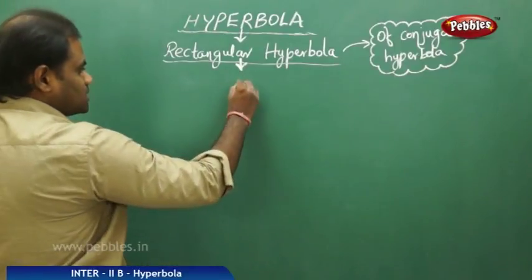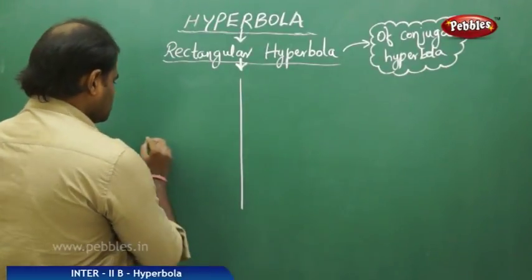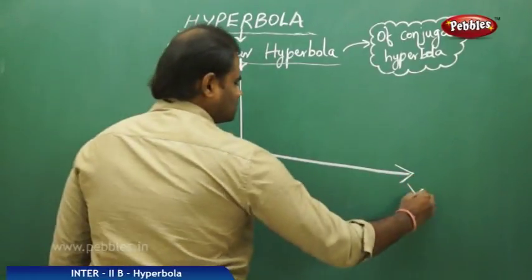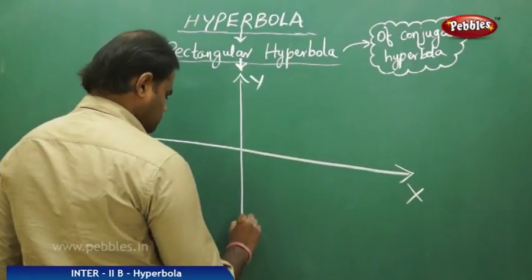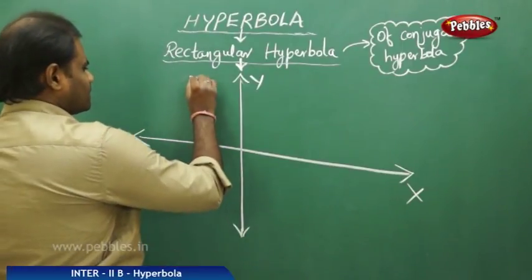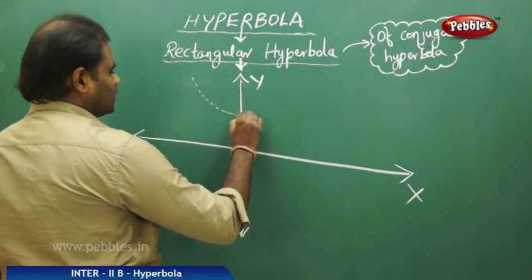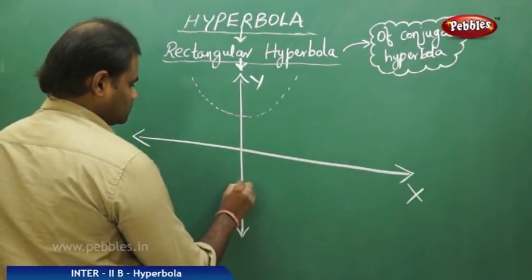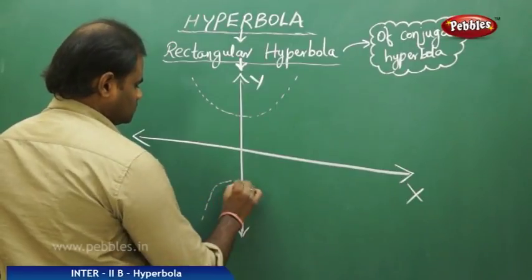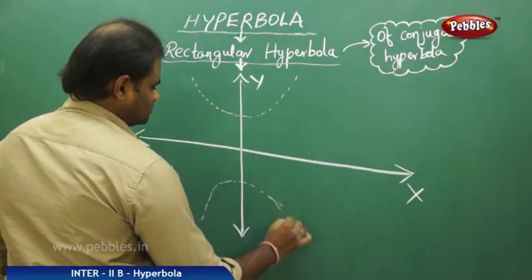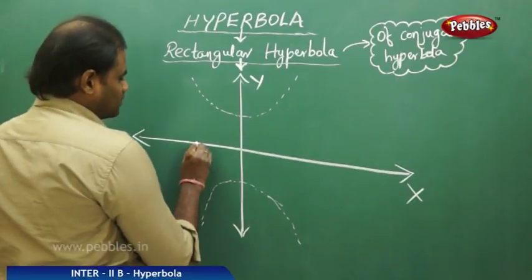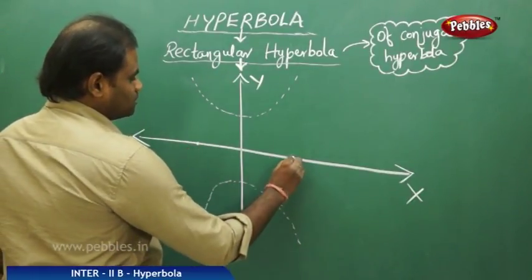So as we have discussed about the conjugate hyperbola, to be with interchanging of transverse and conjugate axis, its rectangular hyperbola would be with a equal to b.